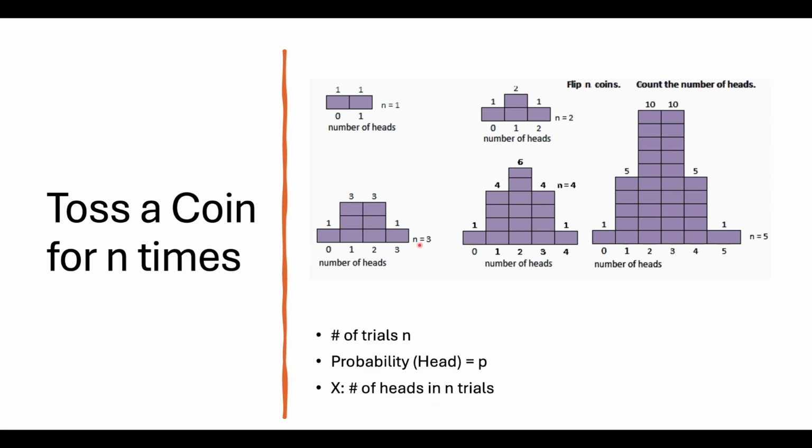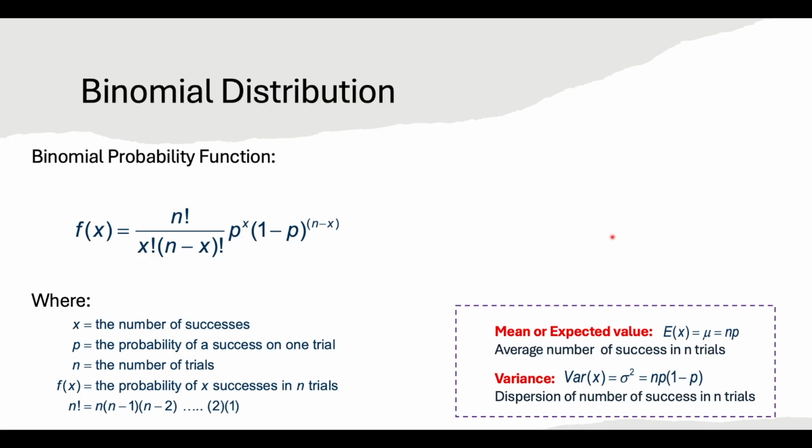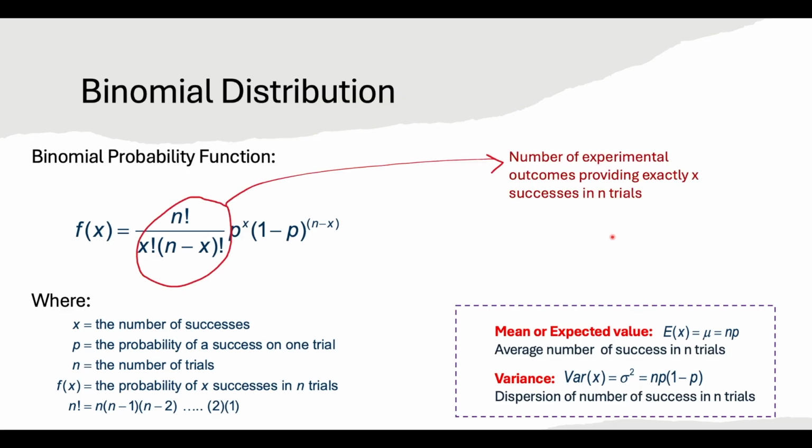So if we can count this number of possibilities, we can build the binomial distribution. This is the binomial probability function that basically builds the binomial frequency distribution. The first part of this function counts the number of experimental outcomes providing exactly x successes in n trials. This is basically a factorial combination of having x heads from n possibilities.